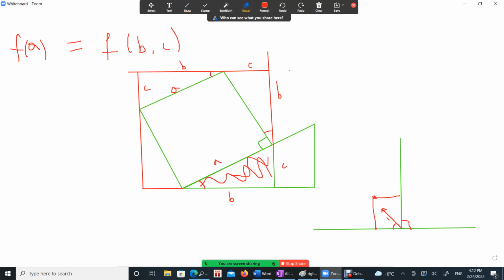So it's just a matter of, okay, a certain way of making things more clear visually.